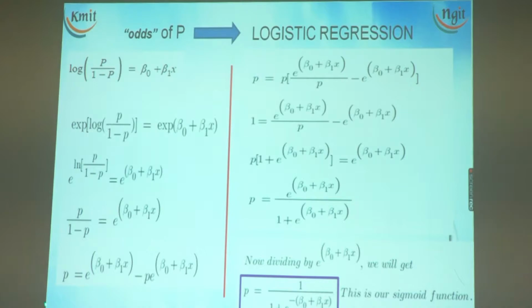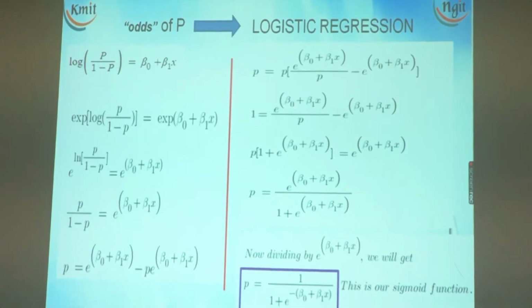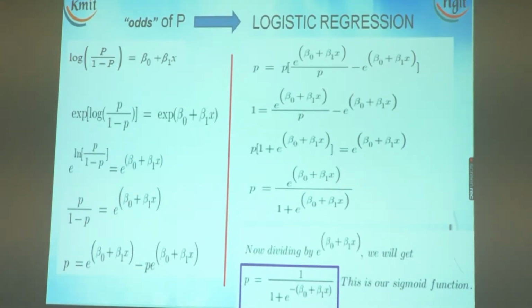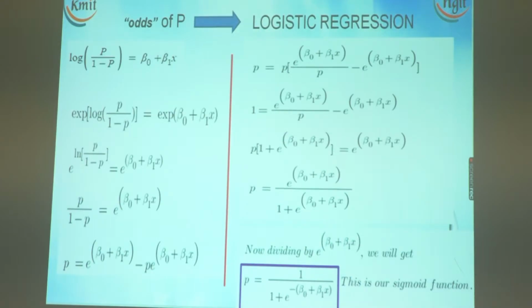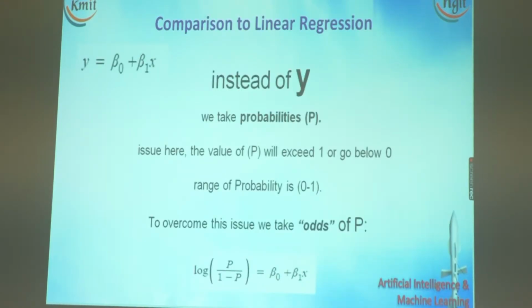With the sigmoid function, the probabilities of the outcomes are always between 0 and 1. So what have I done? The same linear regression is converted.